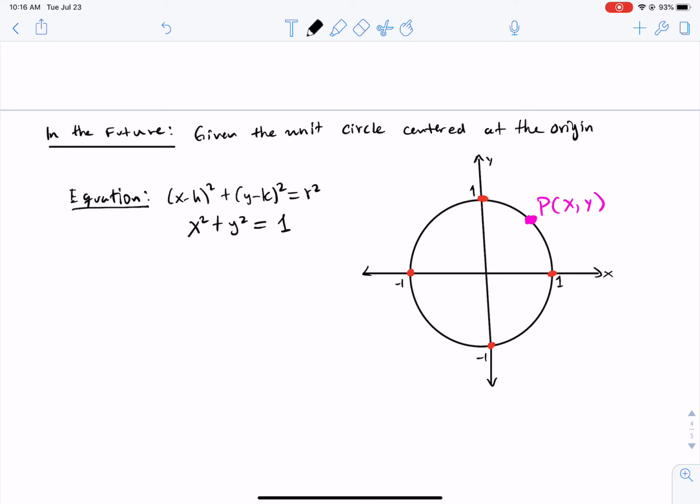If r was the square root of 32, then r squared would be 32. Right now the center is 0, 0, and the radius is 1.